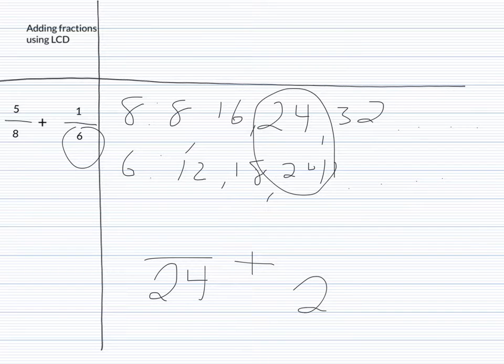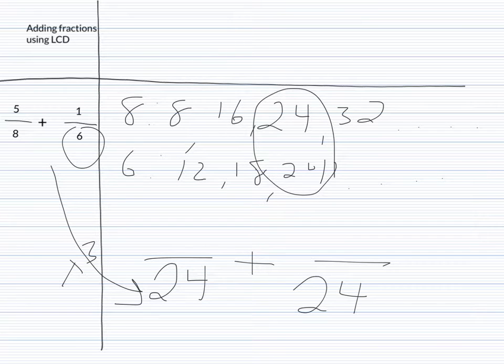and 24. Okay? Because we changed the denominator of each one of these fractions, we now need to change the numerator. So I like to think, how do I get from 8, my first fraction, to 24? Well, in order to do that, I would have to multiply by 3, right? 8 times 3 is 24.